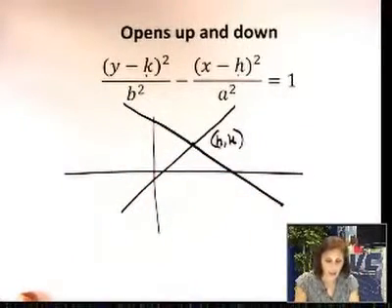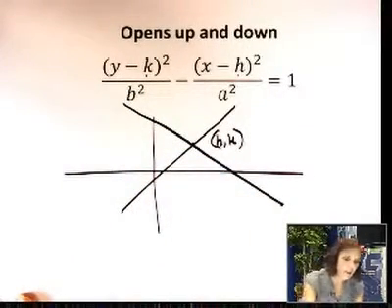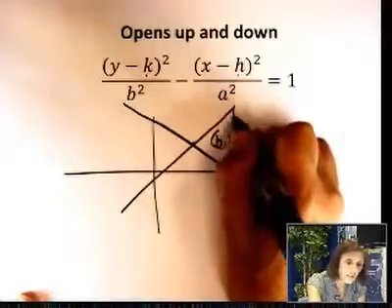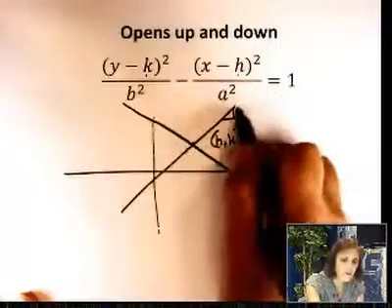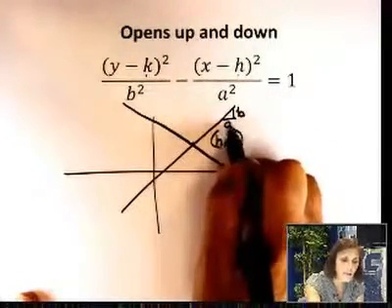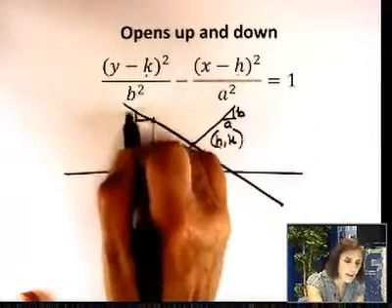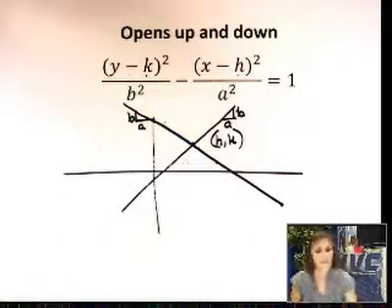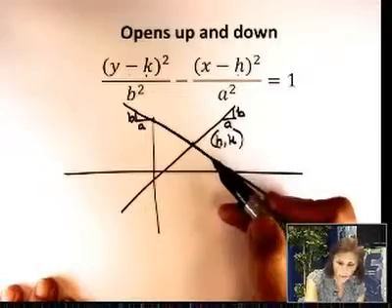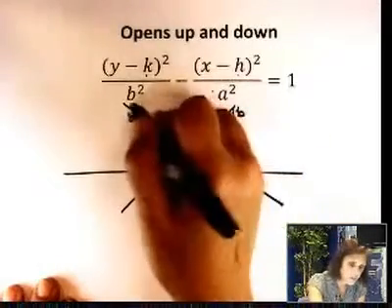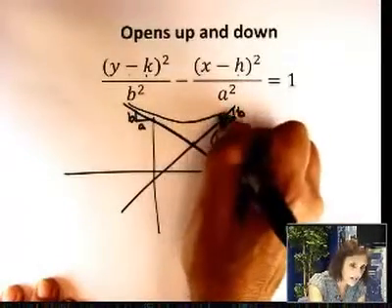Now, this one's going to open up and down. Let's look at the slopes of the asymptotes. This is under y, so it's going to be b, and this slope is a. Again, this one is the negative of that, b over a. Now, this opens up and down, so it's going to look like that.